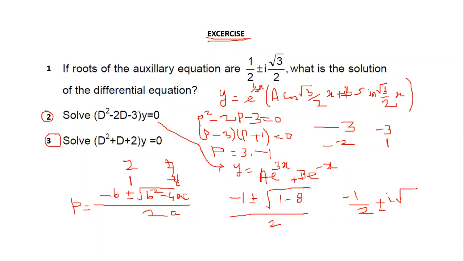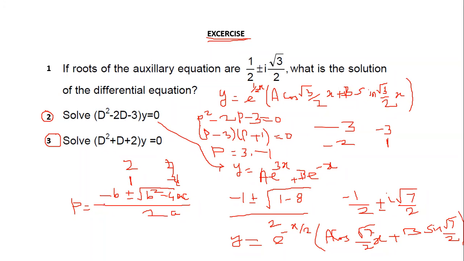So what is the answer for this? y equal to e power minus x by 2 (a cos root 7 by 2 x plus b sin root 7 by 2 x).